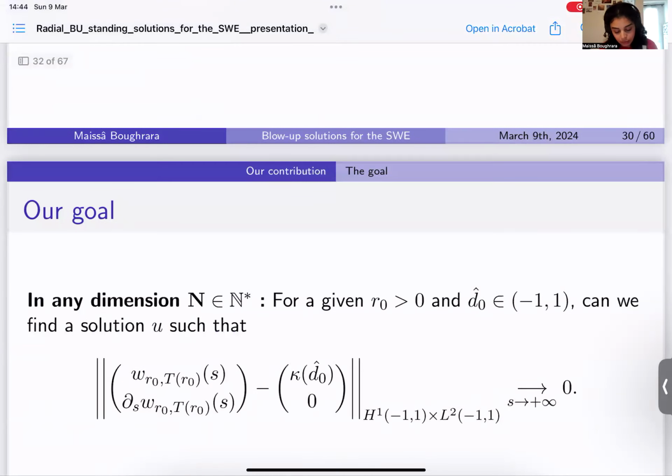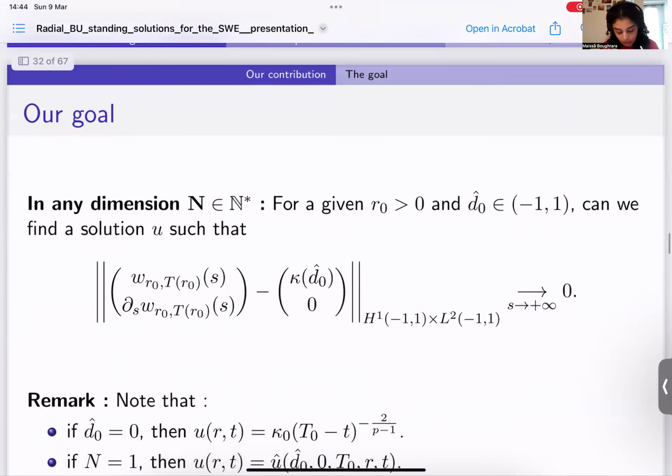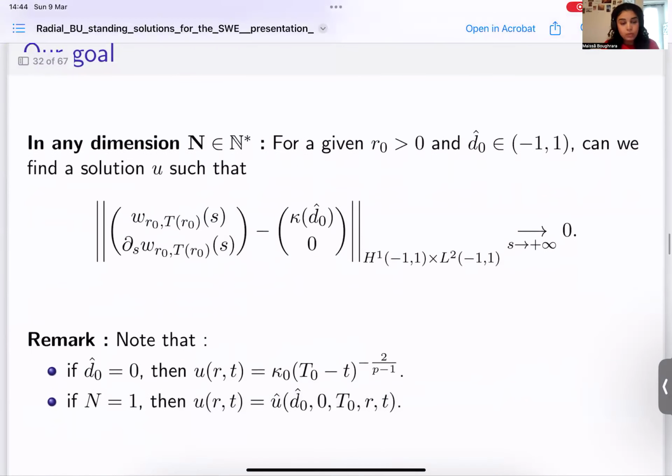So to make things written correctly, we will be in any dimension, okay? Not necessarily in the case of dimension one. So the idea is to be in the radial case and in higher dimension. Maybe there is something I didn't say in the first part: since the previous works that I listed are in the case of dimension one, they also work in the case where it's not necessarily radially symmetric.